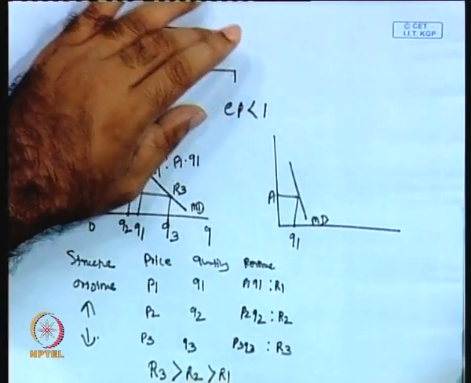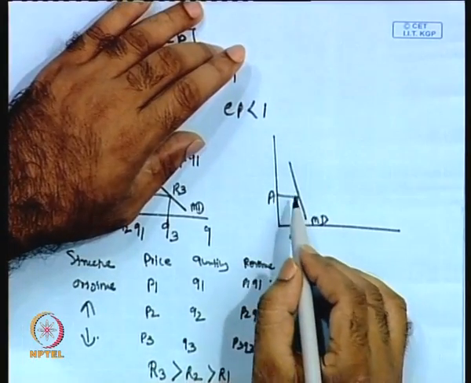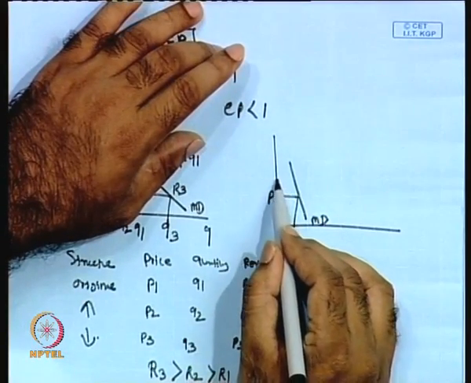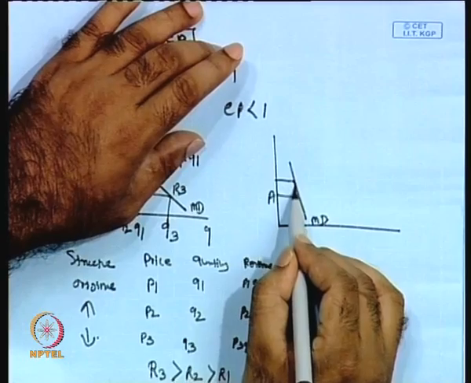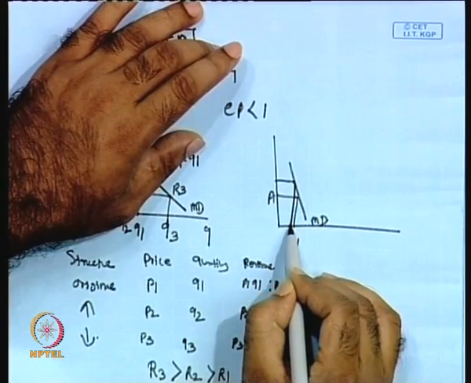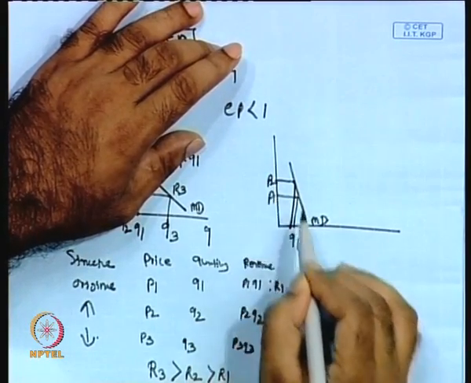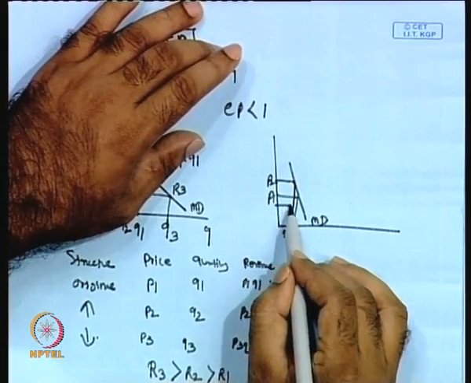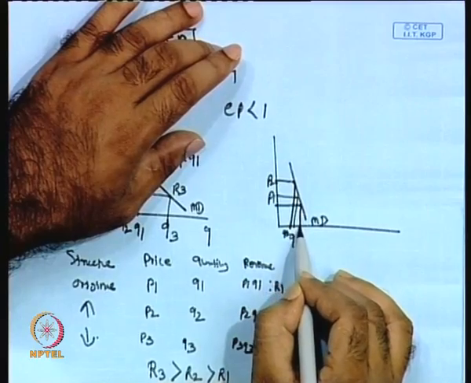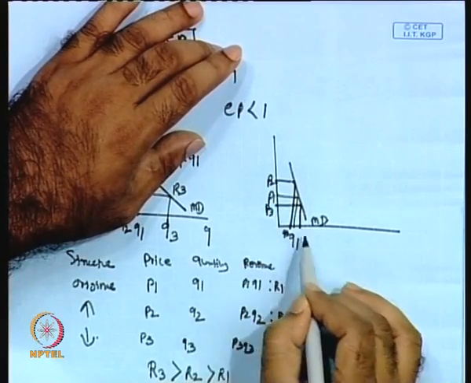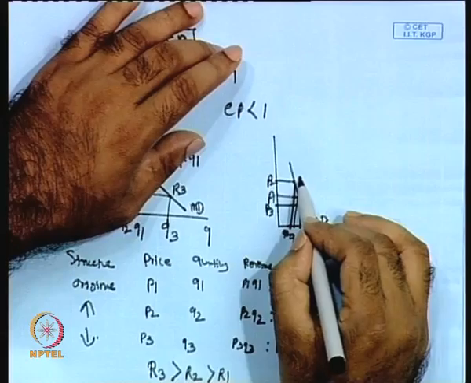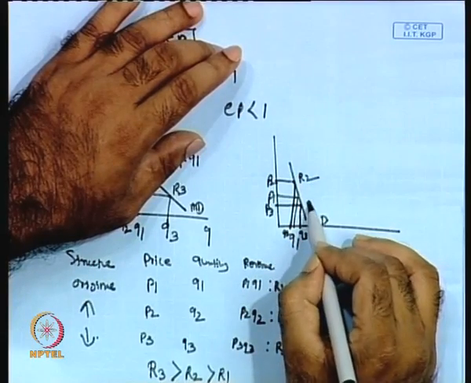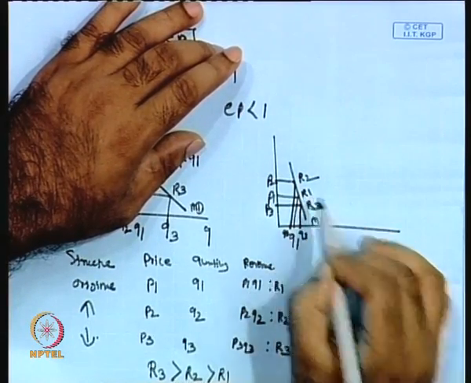Now you come down to this particular component again. Here if we increase price, then the quantity will decrease accordingly. So this is P2, this is Q2. Okay. Now again you go for a price decrease. So this is P3 and Q3. So this is R2, this is R3 and this is R1.